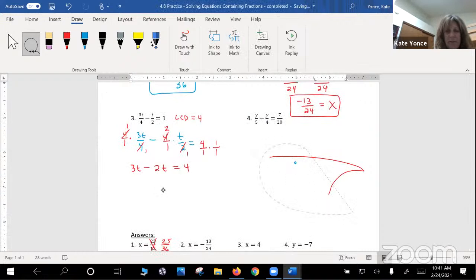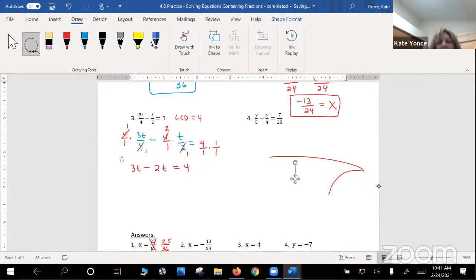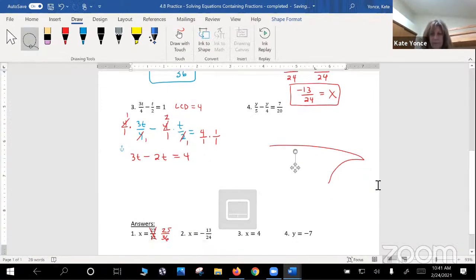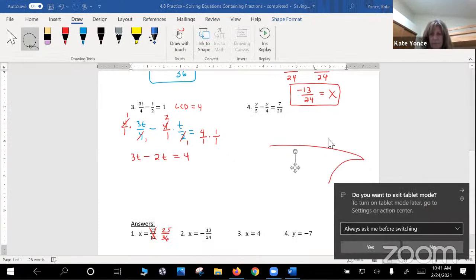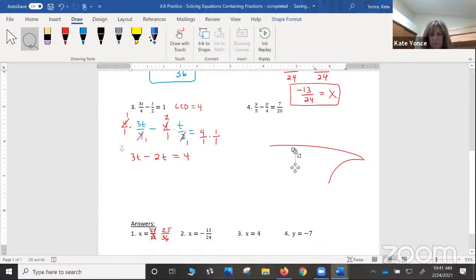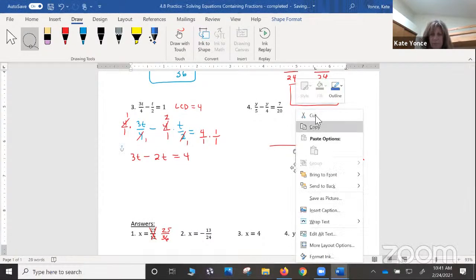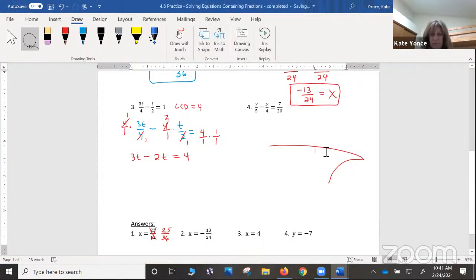Number 4. y over 5 minus y over 4 equals 7/20. The least common denominator is 20.